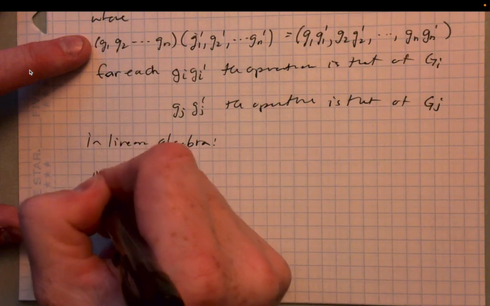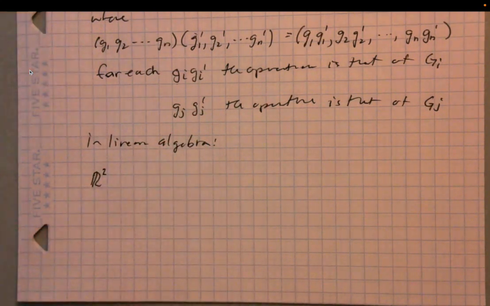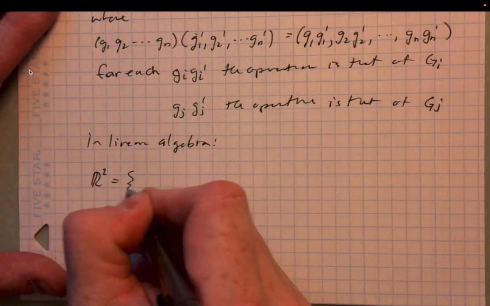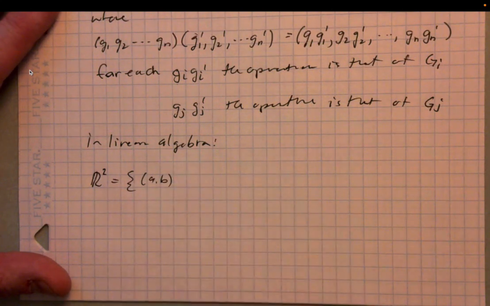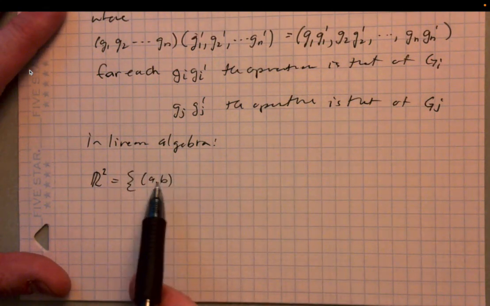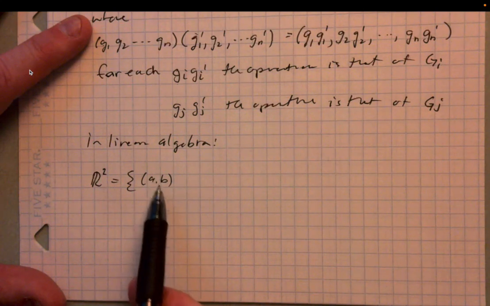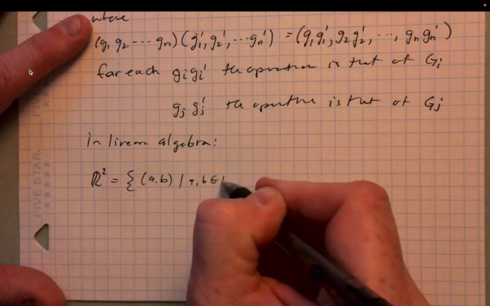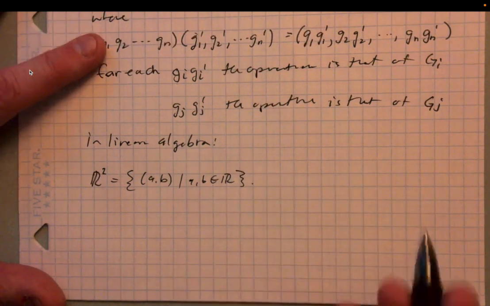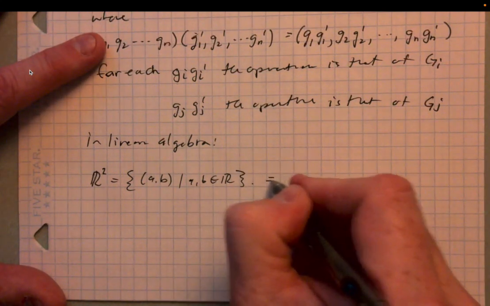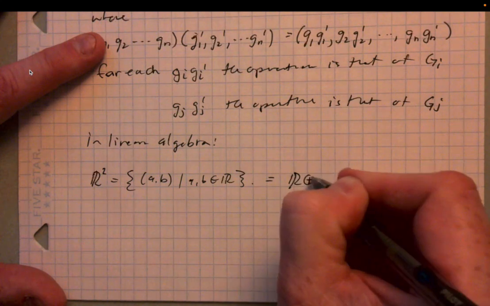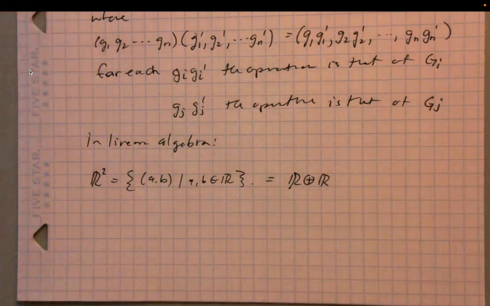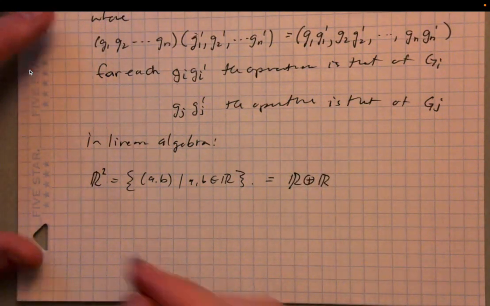we've got this idea of R2. And so R2 is what? It's all of the two-tuples (a, b) such that a and b are real numbers, they're in R. You can think of R2 as really just an external direct product of R and R. Same thing for R3.